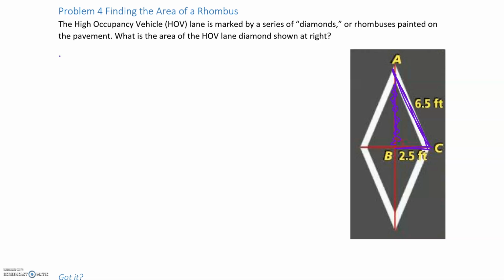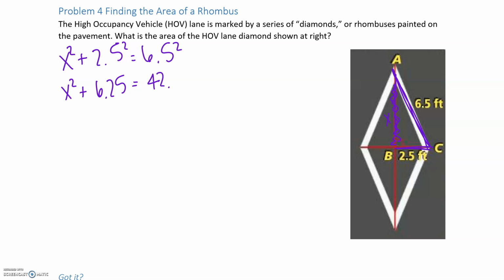If this side is x, we have x squared plus 2.5 squared equals 6.5 squared. So that gives us x squared plus 6.25 equals 42.25.